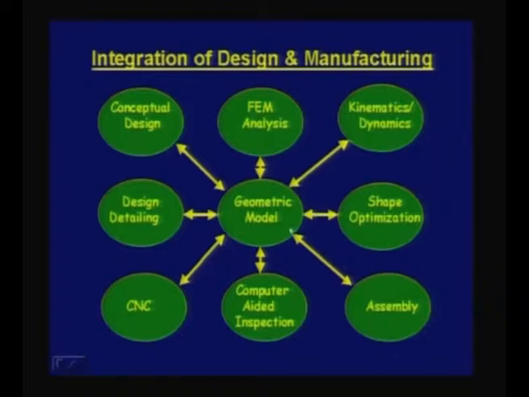Now, these activities which we call computer aided design and computer aided manufacturing can be related using the concept of geometric modeling. So, this is called a geometric modeling based integration of design and manufacturing. Now, what really happens in a typical product design and manufacturing process is somebody may start with a design, okay, go for analysis tools, may come up with optimization and finally arrive at a design detailing.